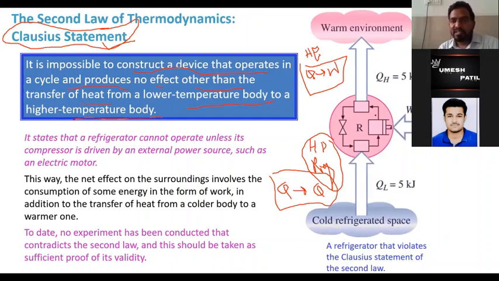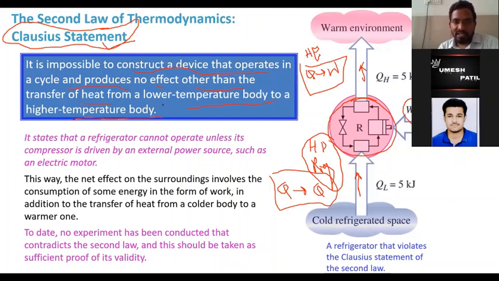Now to simplify this statement, let's take a look at this sketch of the refrigerator. Now we know that if this refrigerator wants to transfer heat from a low temperature body to a high temperature body, we need to provide some external work.